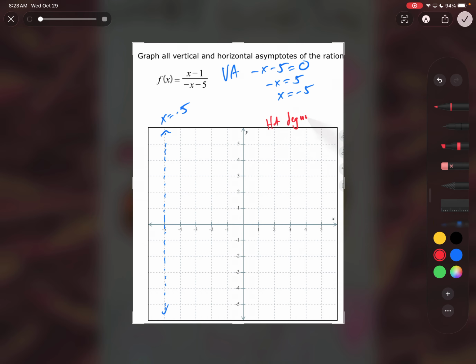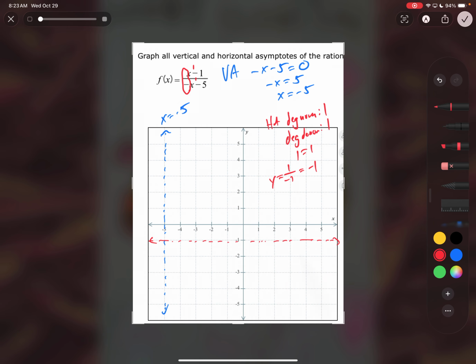The degree of the numerator is 1. The degree of the denominator is also 1. So they are equal. When they are equal, you look at the front number. The numbers out in front here are 1 and negative 1. So y equals negative 1 would be my horizontal asymptote.